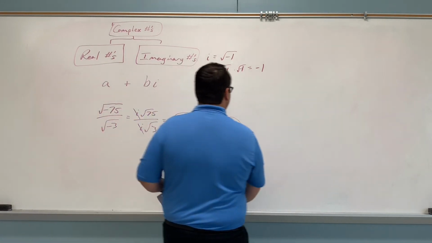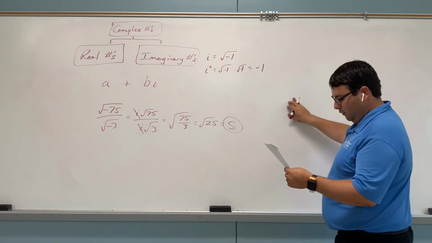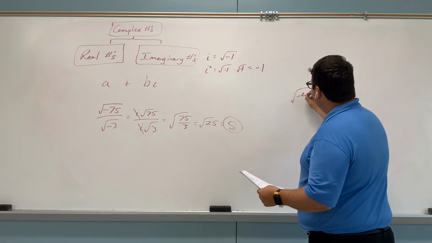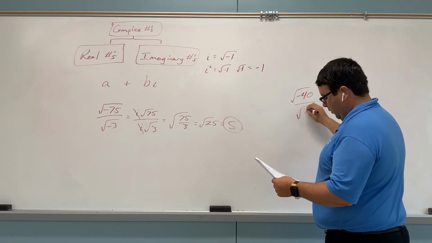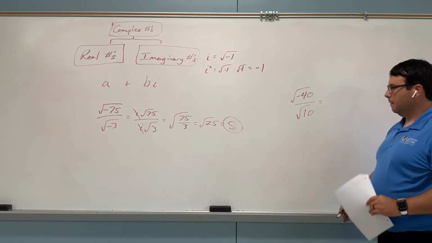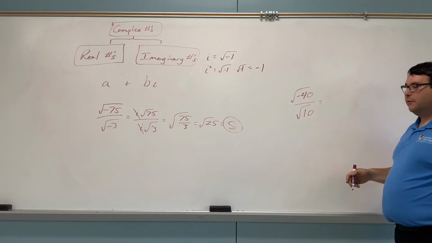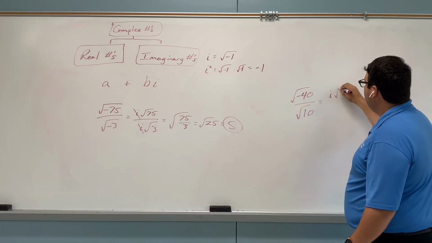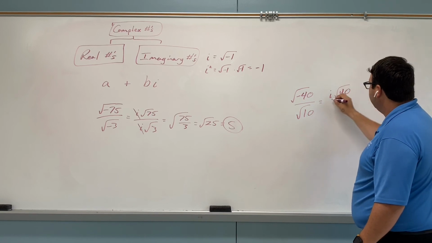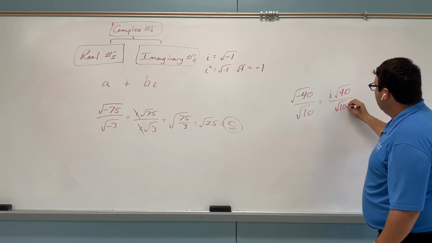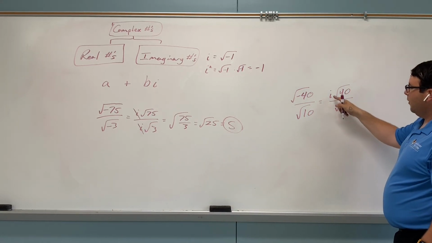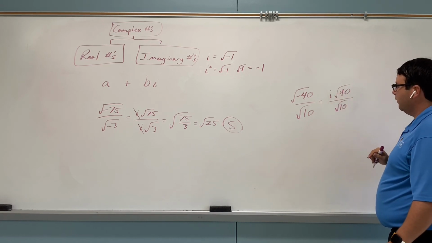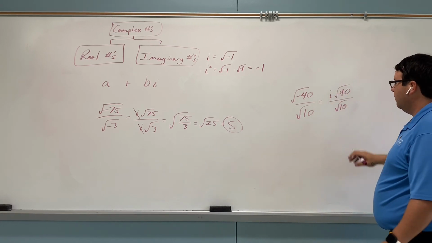I'm going to do one more. I got plenty of space right here, so I'll use that. Square root of negative 40 divided by the square root of 10. I'm going to pull out my i first. Sounds very painful, but it's actually very easy. I then can say, well, I can't cancel any i's, so I know my end result will have an imaginary value.